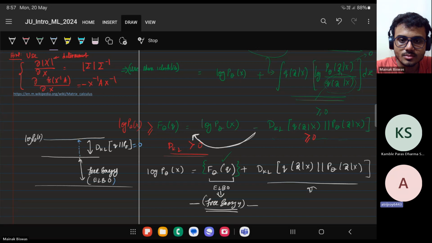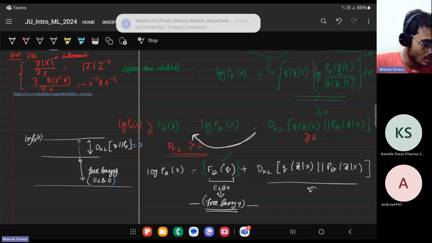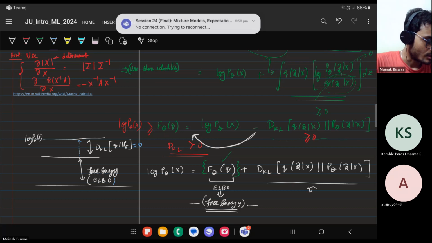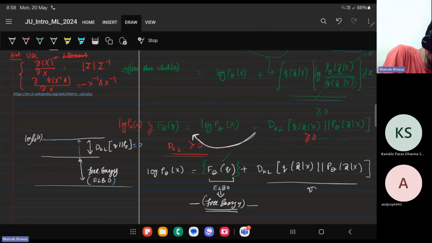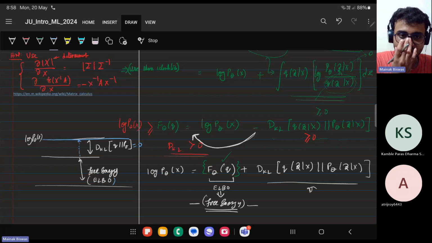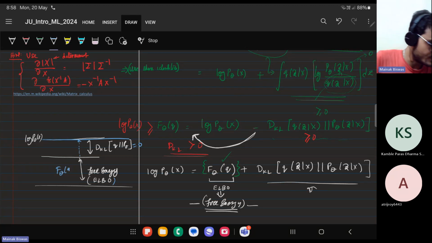So we try to maximize f theta. If you consider p theta of x fixed for the time being, we'll see how to increase that as well. This is your f theta, your free energy.